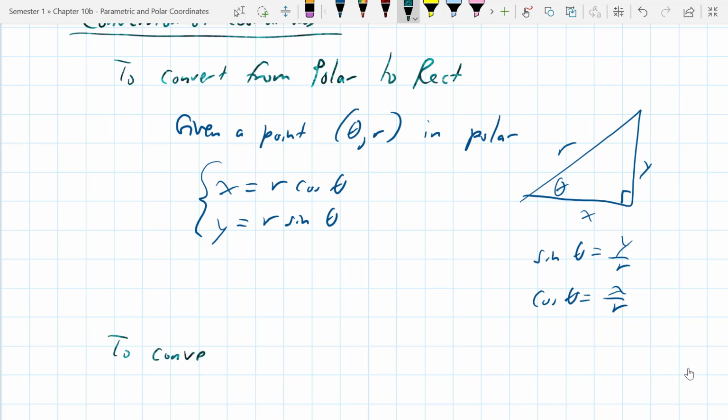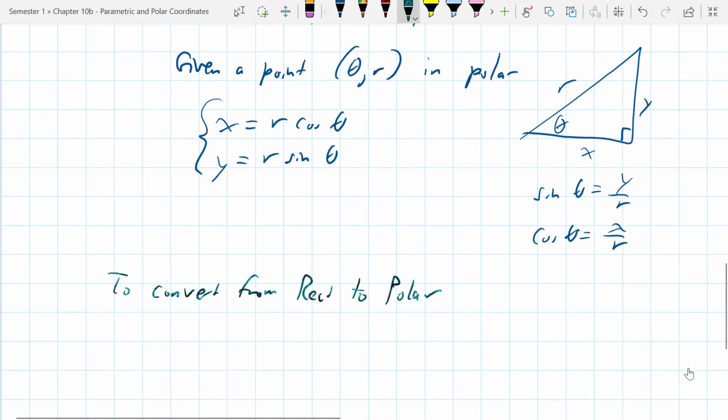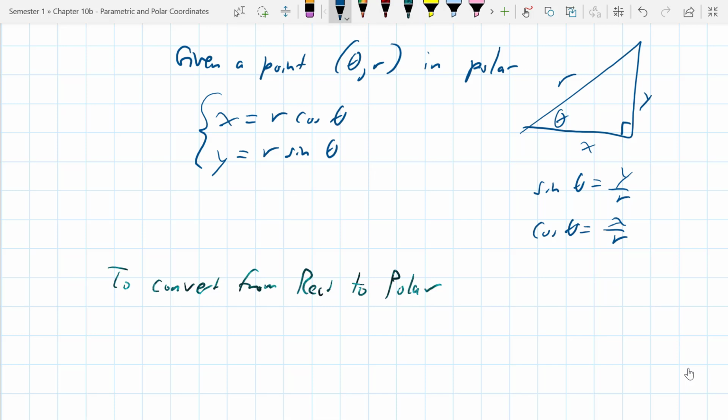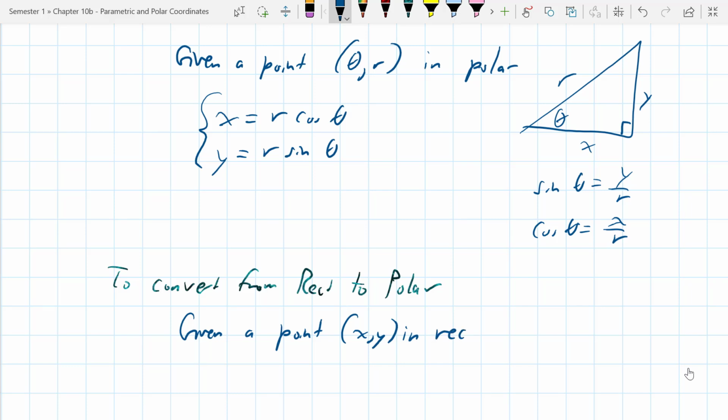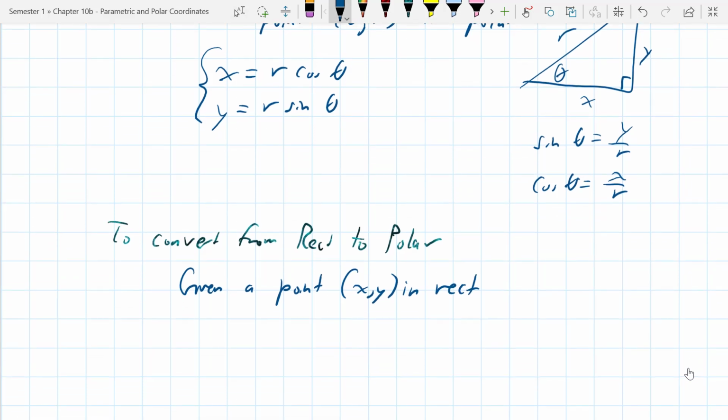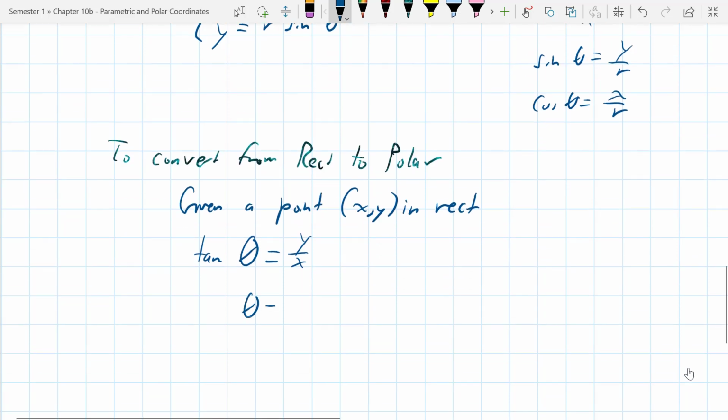Now to go backwards, to convert from rectangular to polar, if I'm given a point x, y in rectangular, then I know that the tangent of theta is equal to y over x, so theta is equal to the arctangent of y over x, but we have to pay attention to the quadrant.